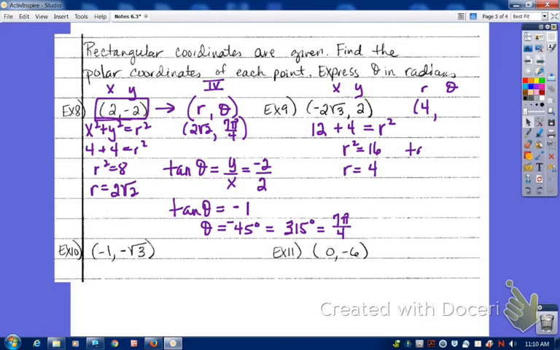Now let's set up our tangent. Our tangent is our y divided by our x. So tangent equals 2 divided by negative 2 square root of 3. The 2's are going to cancel, and you'll have 1 over the square root of 3. Then you'll have to rationalize. You have a positive divided by negative, so that's negative square root of 3 over 3. So go back to your rectangular point. If x is negative and y is positive, what quadrant are we in?